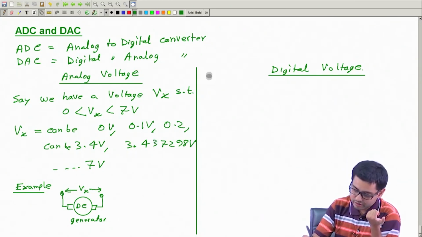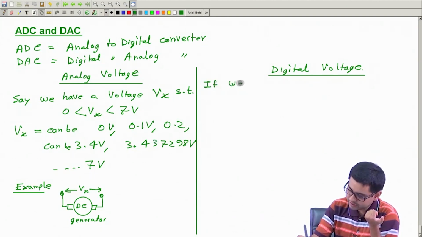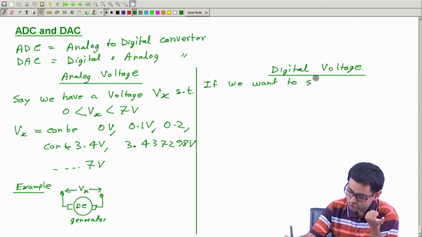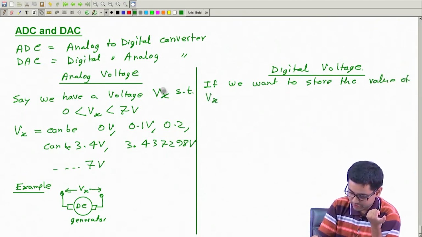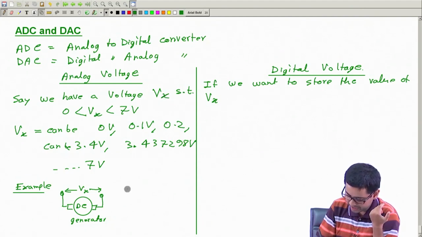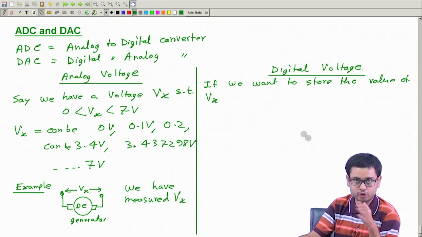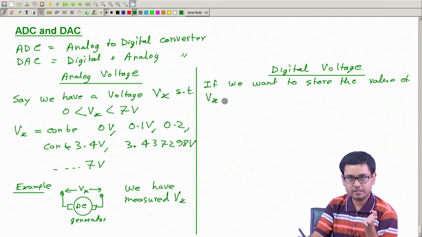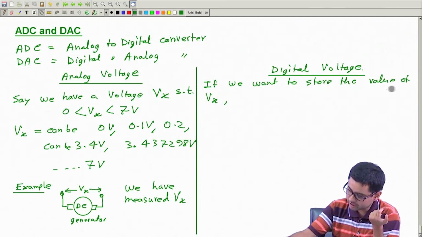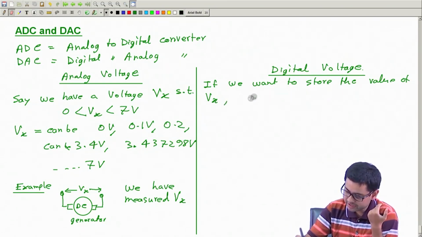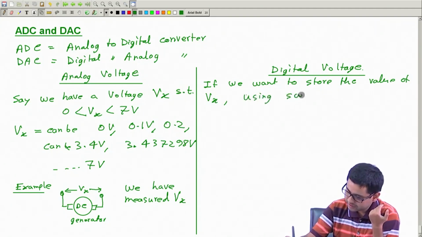So if we want to store the value of Vx, say we have measured Vx, and that value we want to store in a computer, we cannot store it in infinite precision. But say we are storing it using 3 bits.